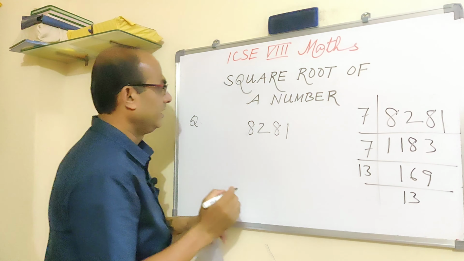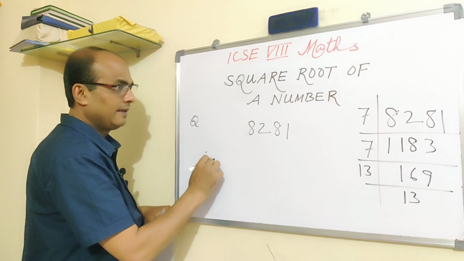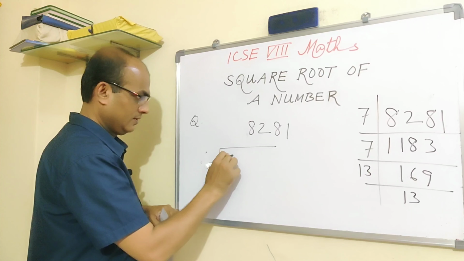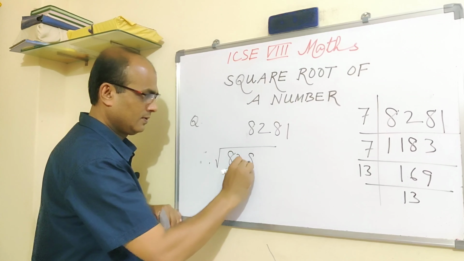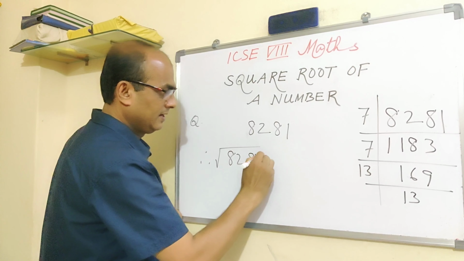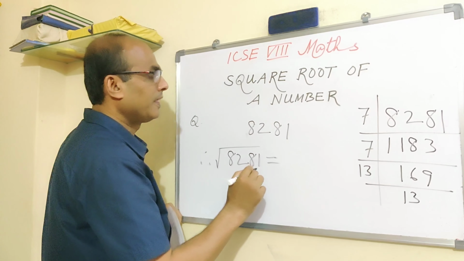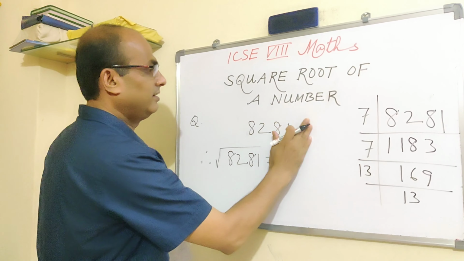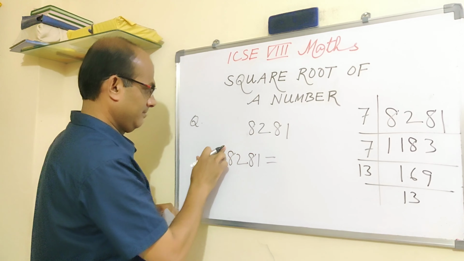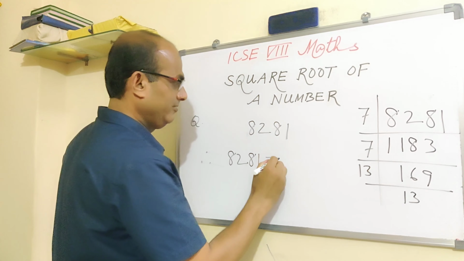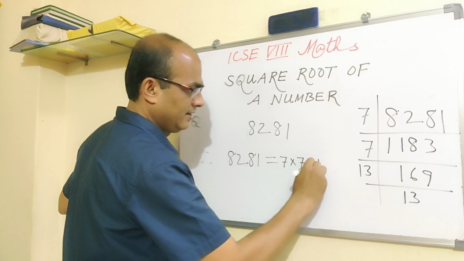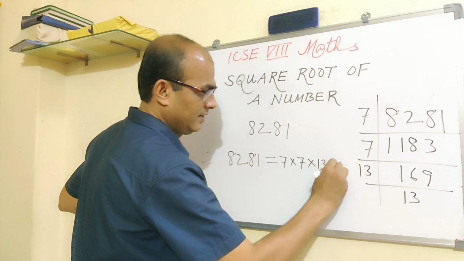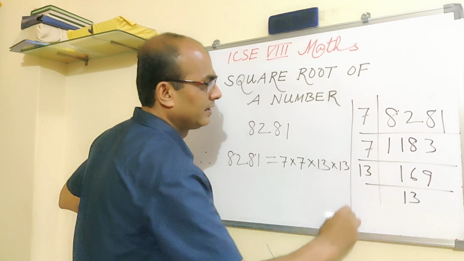Okay, that's it. Therefore root 8281 is equal to, no, first we have to express this as the prime factors. So 7 into 7 into 13 into 13.